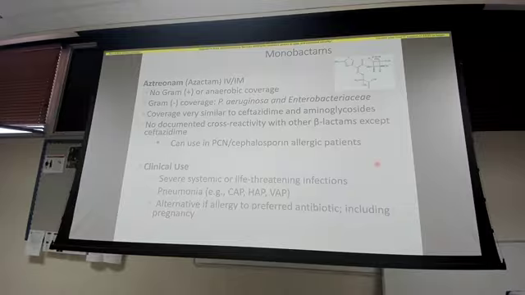Okay? Our clinical use is very serious infections, and you'll see any of our pneumonias that we can talk about. Typically, these will be hospitalized: your hospitalized version of CAP, your HAP, which is your hospital-acquired pneumonia, and your VAP, which is your ventilator-acquired pneumonia. Sometimes we put our patients on a ventilator, and they can acquire pneumonia as well.